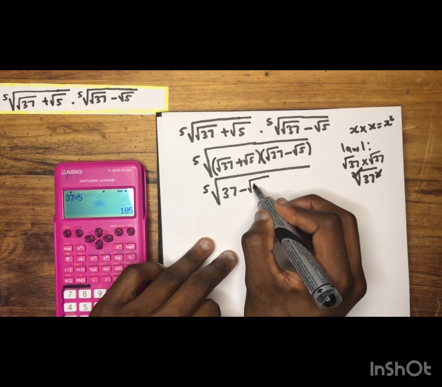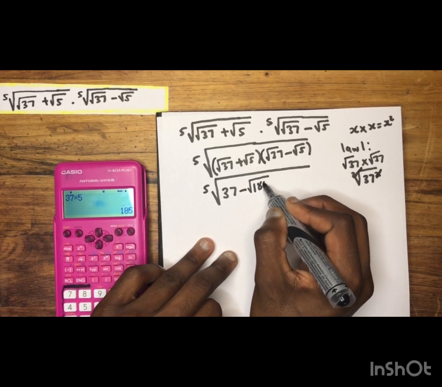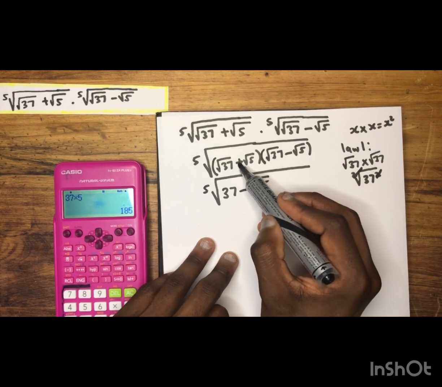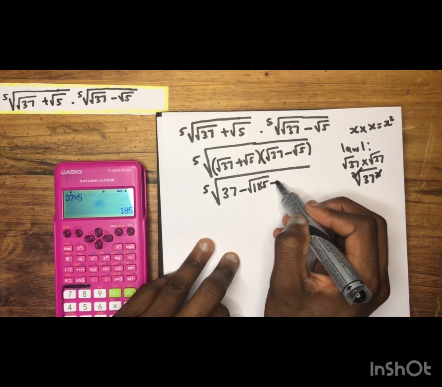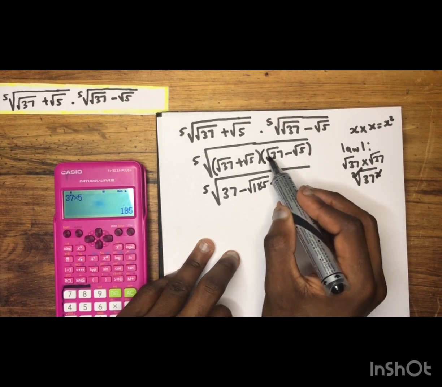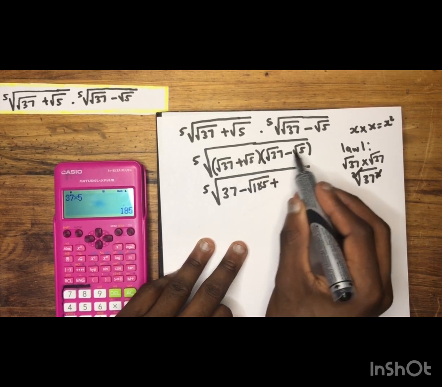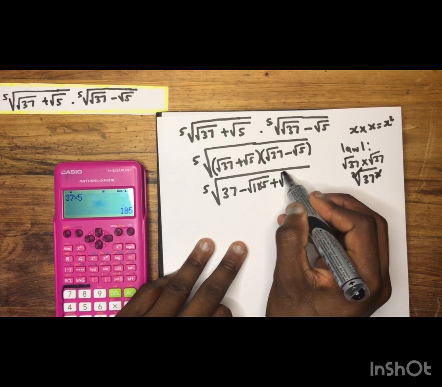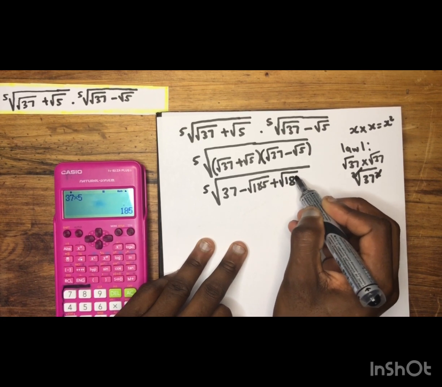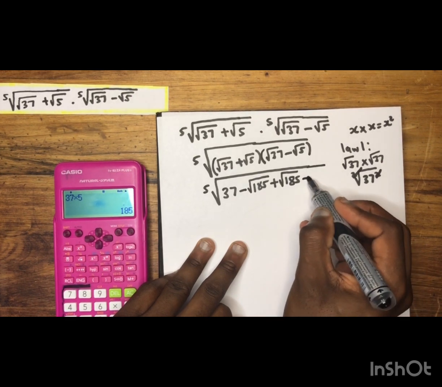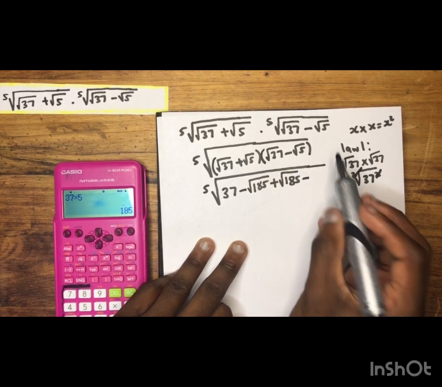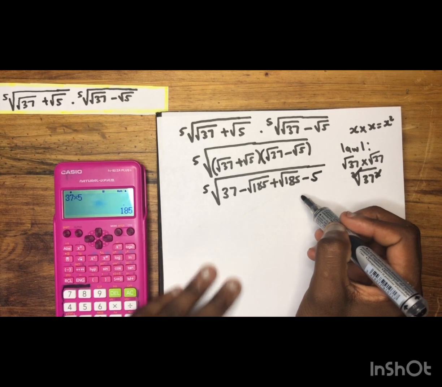What do we have? 185. Then positive times a positive, you get a positive. Root 5 times root 37, we are still going to get the same answer, which is root 185. And then a positive times a negative is negative. Then root 5 times root 5, we are going to get 5.